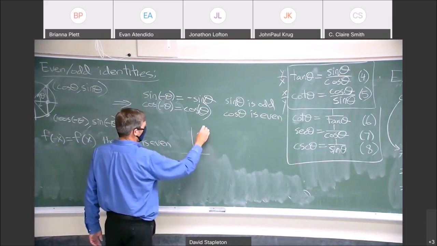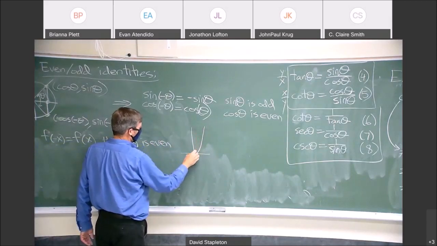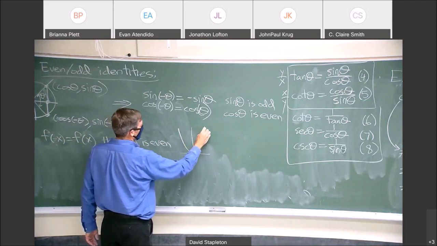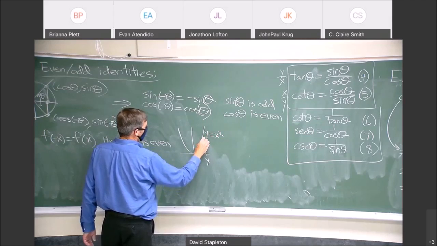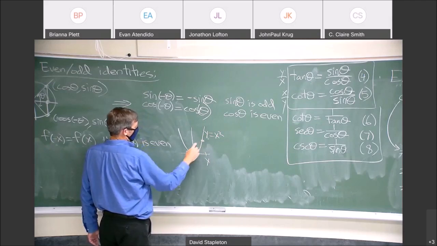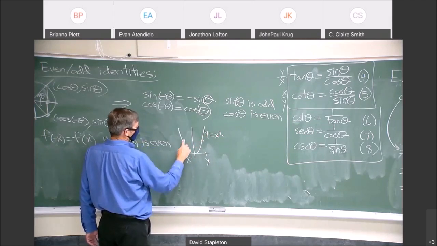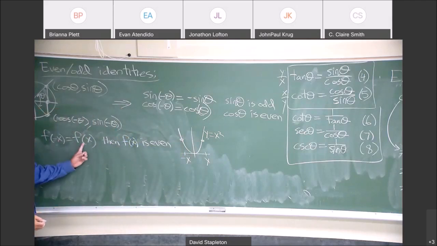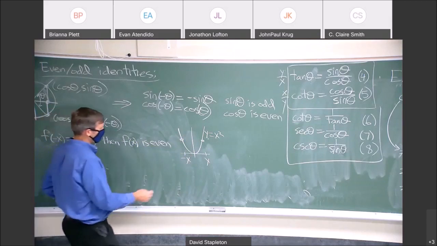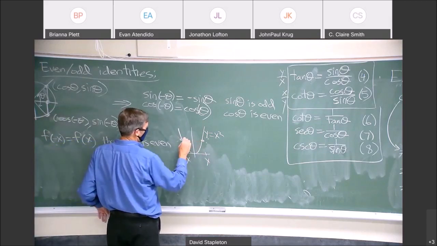Well, take any even function like y equals x squared. Any even power of x turns out to be even. Whenever you have a point x here, y is x squared, and when you have minus x, you get the same y coordinate. If you take f of minus x, you get the same y coordinates as f of plus x. So x squared and minus x squared are equal.